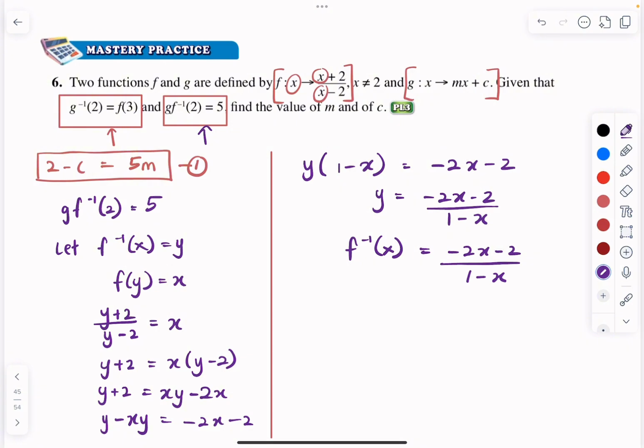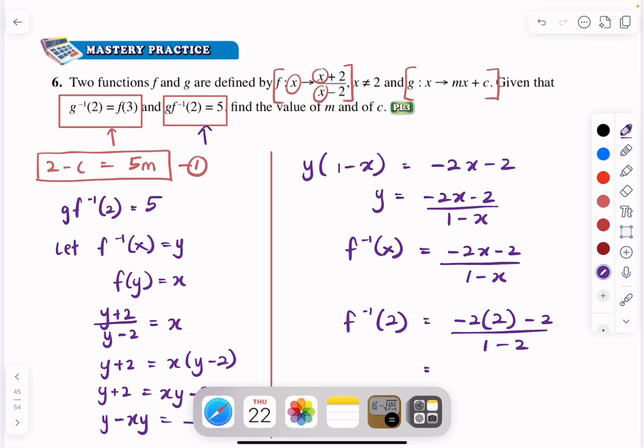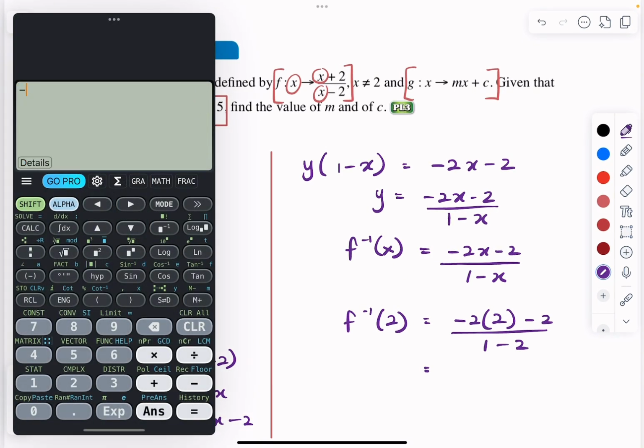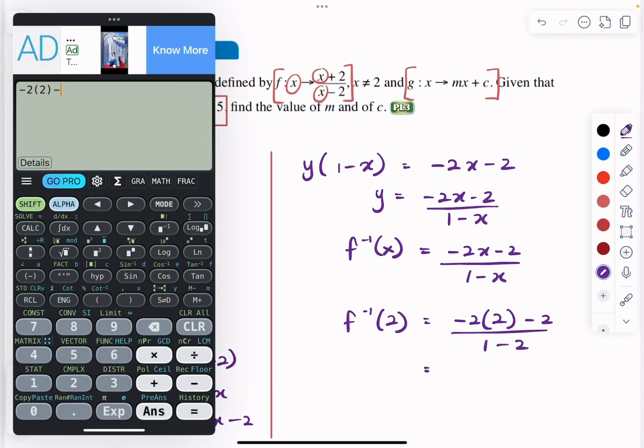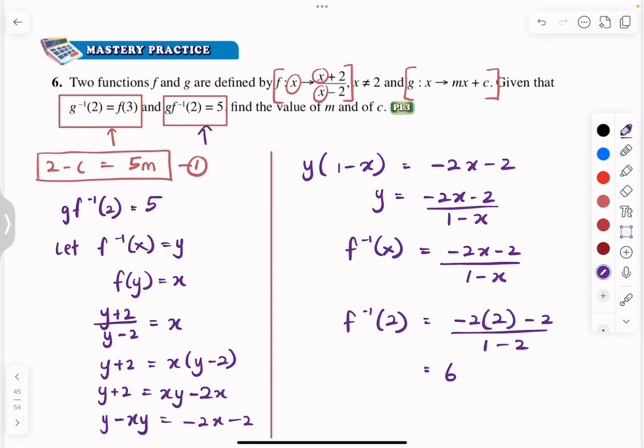Right. So now we can go back to our equation. Here we need f inverse 2. So let's find what is f inverse 2. So we sub the 2 into the x. Then this one you can just type in your calculator. Okay, so f inverse 2 is 6.